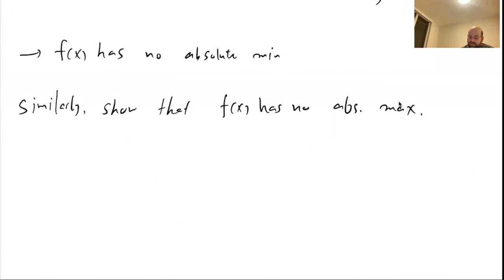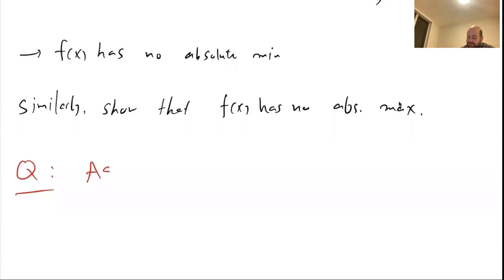Now the next question is, okay, we learned when we can have guarantees for existence of absolute max and min. But let's say we have a guarantee for existence of absolute max and min. Now the next question is, how can we find it?